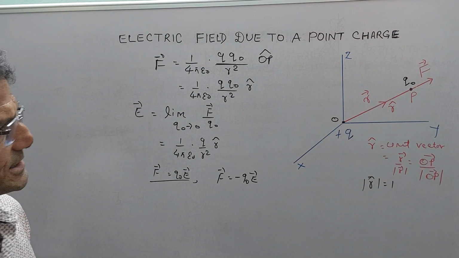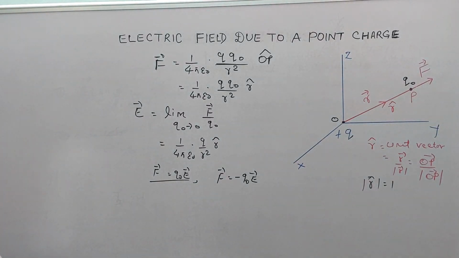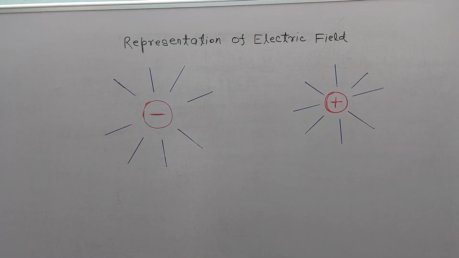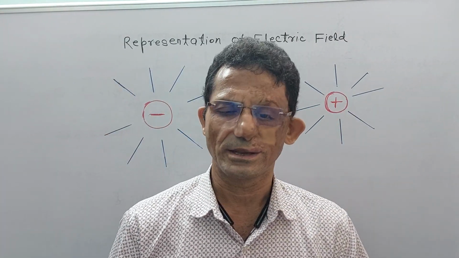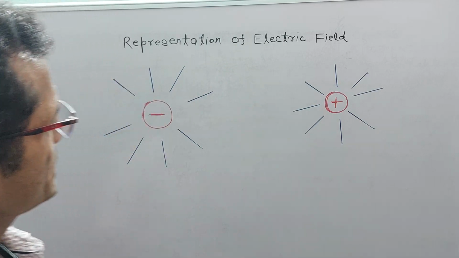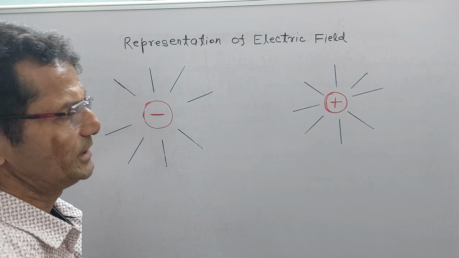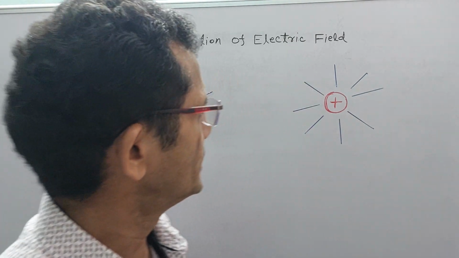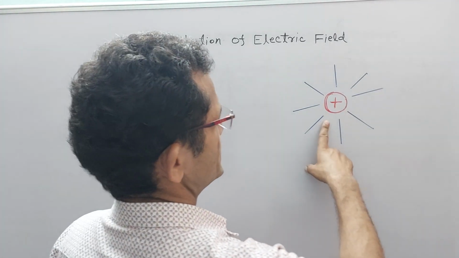Now, how to represent electric fields? We can represent electric fields in space using electric field lines. How to represent electric field in direction and magnitude? If we have a positive charge, we denote the magnitude with the length of these lines.